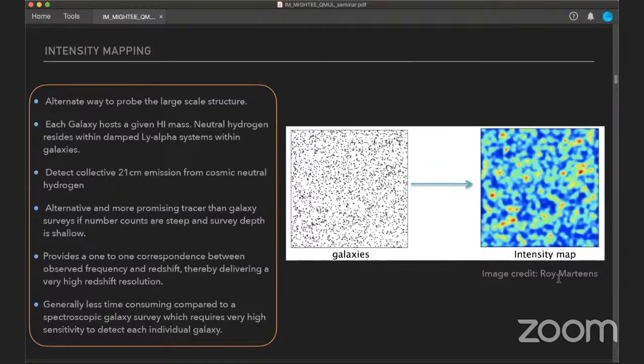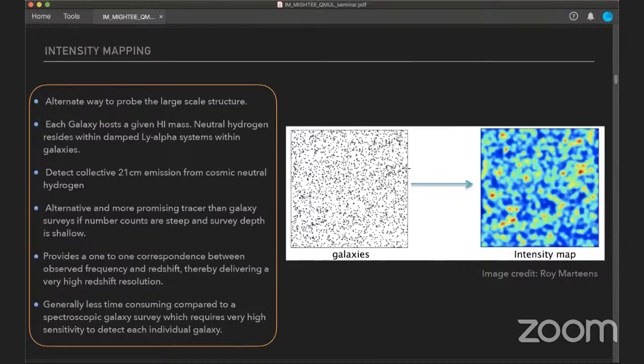So to get to the high redshift universe, the idea is to make low angular resolution maps of the universe. We don't worry much about the resolution here. If our pixels in the map are large, we can collectively detect more H1 emission from each pixel.